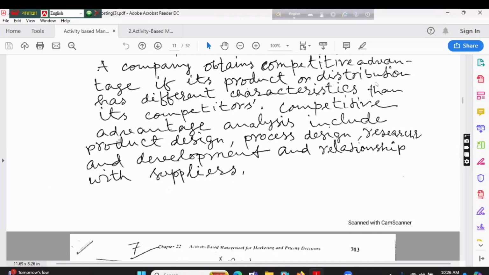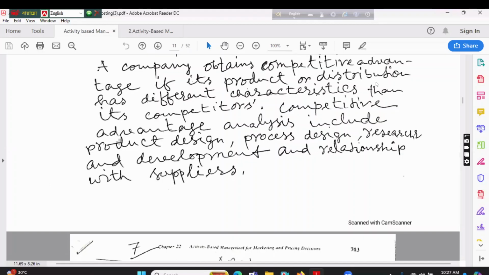Step 2, assign overhead cost to activity cost pools. Step 3, calculate activity rates. Step 4, assign overhead cost to cost objects using the activity rates and activity measures.